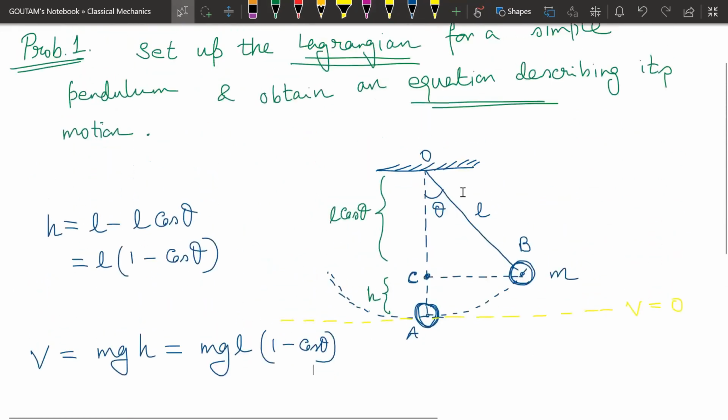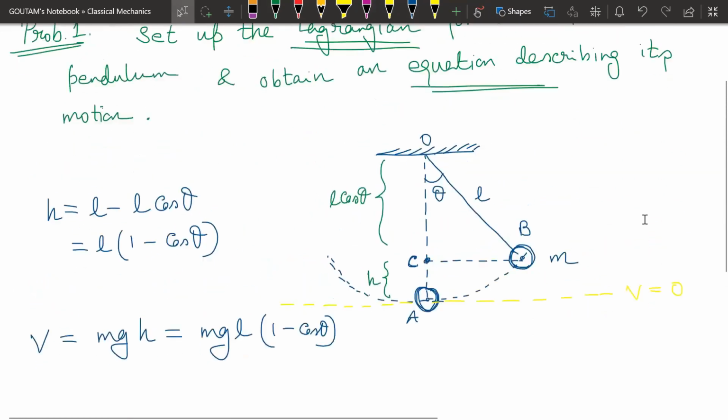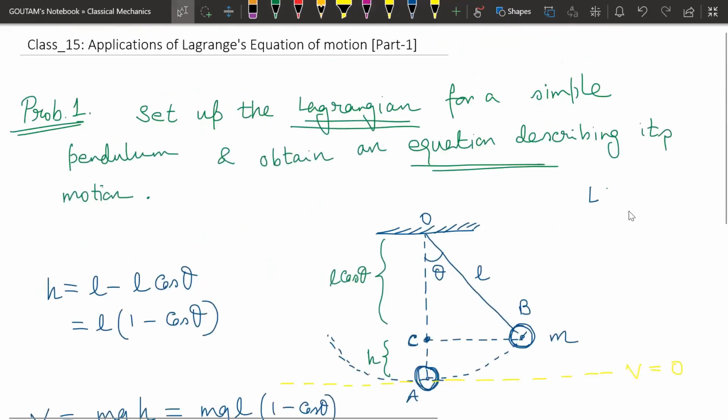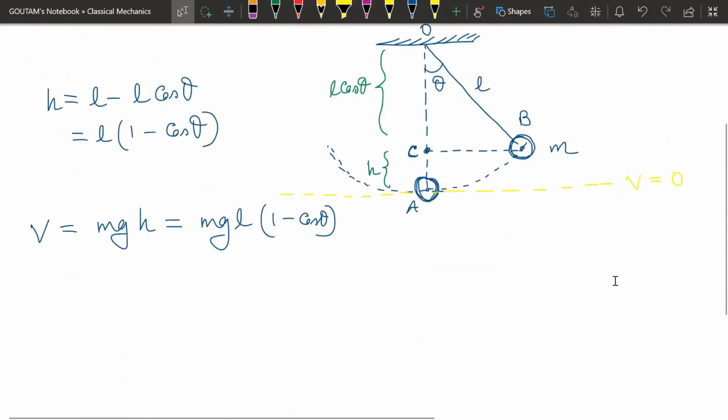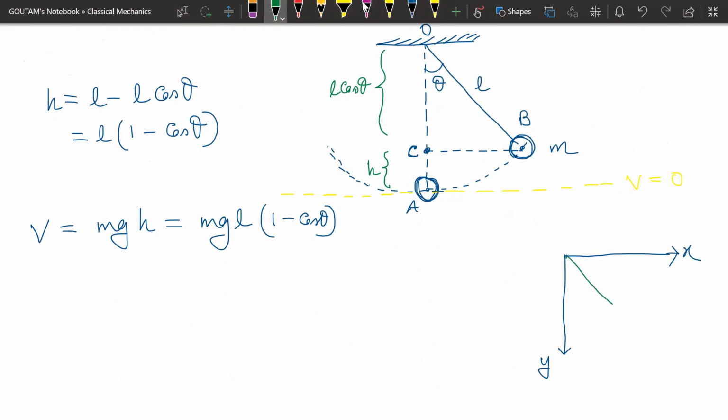Now we need to find the kinetic energy, because we want the Lagrangian, and the Lagrangian is T minus V. So we need this potential energy and this kinetic energy. For kinetic energy, let's assume a coordinate system. Let's assume the y axis is pointing downward. We can choose the y axis as we wish. And let's say the pendulum bob is at angle theta.